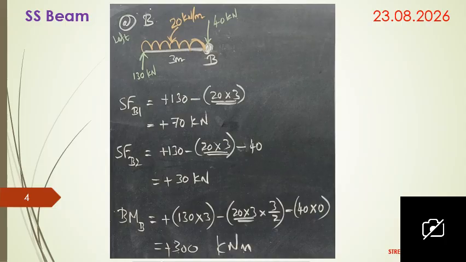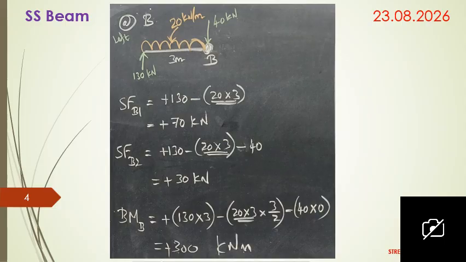In B1, it is plus 130, that is upward, minus 20 into 3, since the UDL is acting over 3 meters in the left portion of B, so we get plus 70 kilonewton. The shear force B2, by considering the point load, is plus 130 minus 20 into 3 minus 40, which gives plus 30 kilonewton.